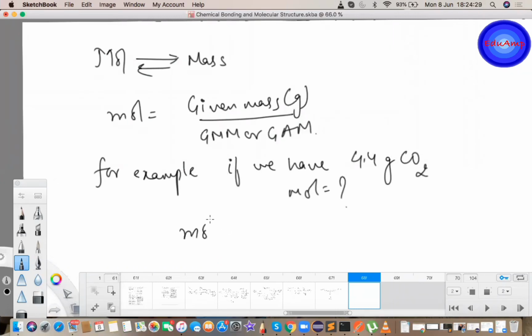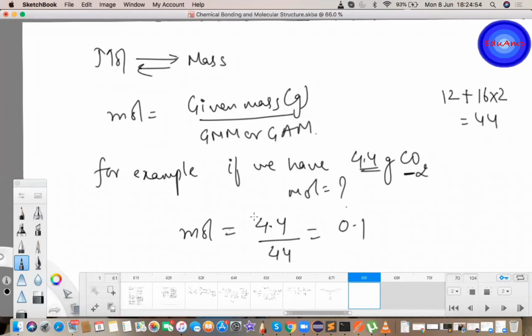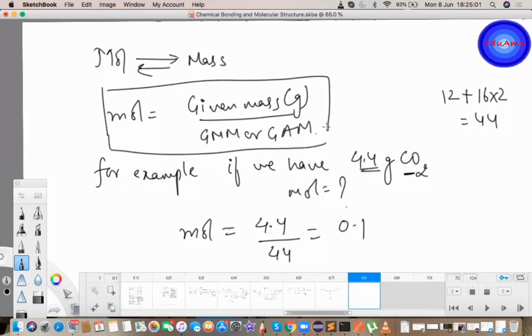The given mass is 4.4, upon the molecular mass of CO2. Carbon is 12 plus oxygen is 16, there are 2 oxygen, that is why into 2. So you will get 44. So 4.4 divided by 44 is 0.1. This is the simple formula: mole is equal to given mass upon gram molecular mass or gram atomic mass.